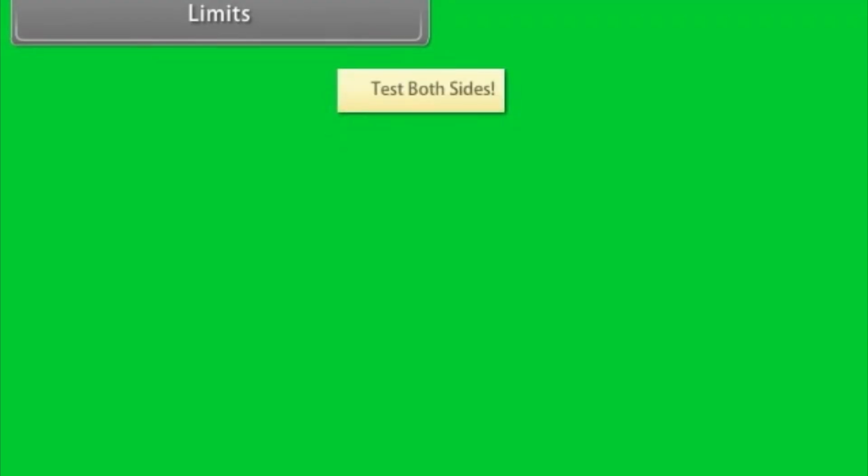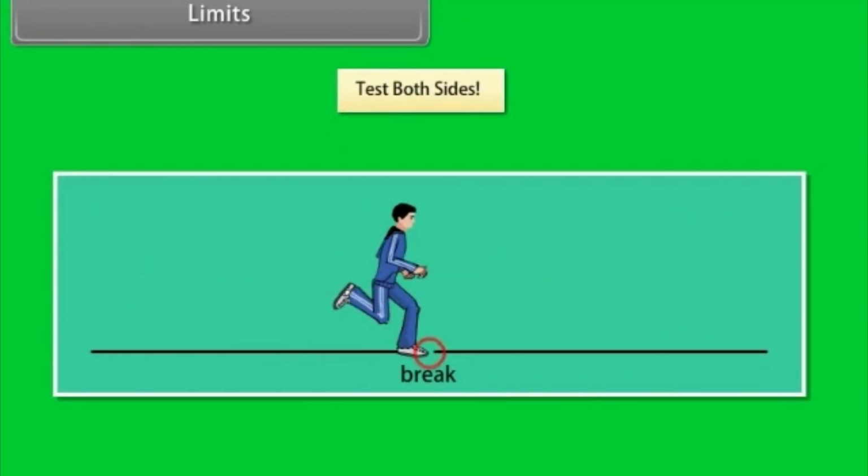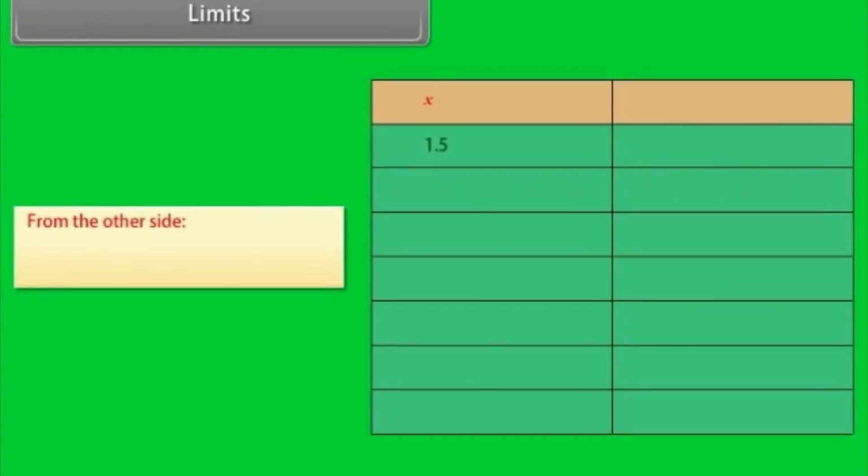Limits. Test both sides. It is like running on a path and suddenly you find a break in the path. Let's try from the other side. For x is equal to 1.5, the value of the function is 2.50000. For x is equal to 1.1, the value is 2.10000. For x is equal to 1.01, the value is 2.01000.